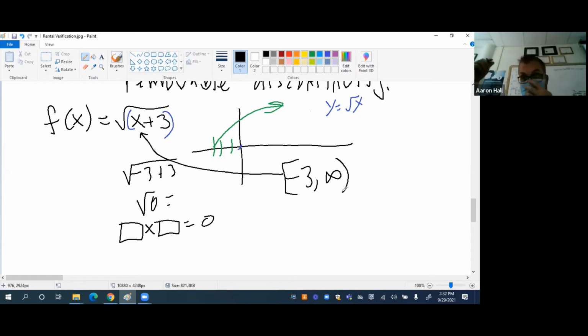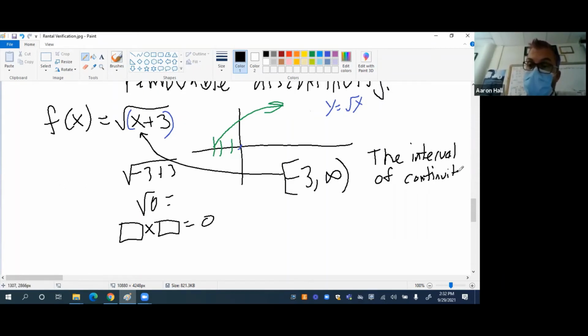Whatever the largest number is, infinity is larger than that. It's not even a number, it's a concept. So this is our interval of continuity. All right, let's try another one.